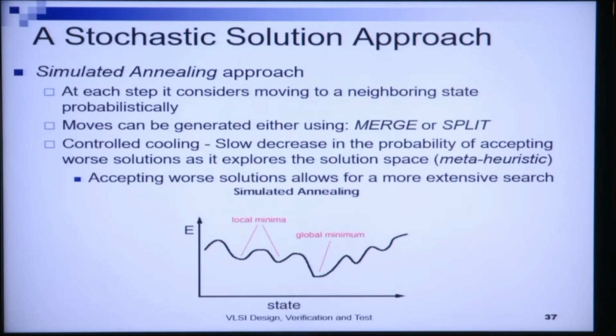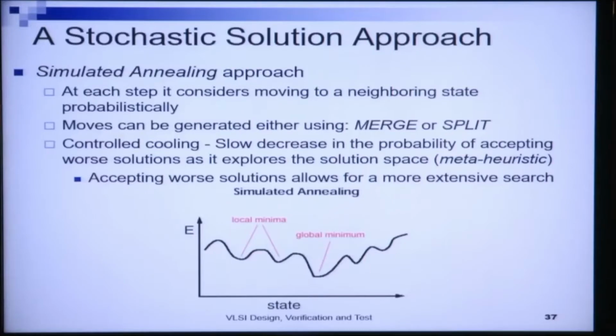But as the solution progresses, initially I will take the system to a very random state so that I can move over different parts of the state space. However, at later points in time, when I am converging to a very good solution, I don't want to go out of that place and randomly move to a different part of the state space in the later iterations.